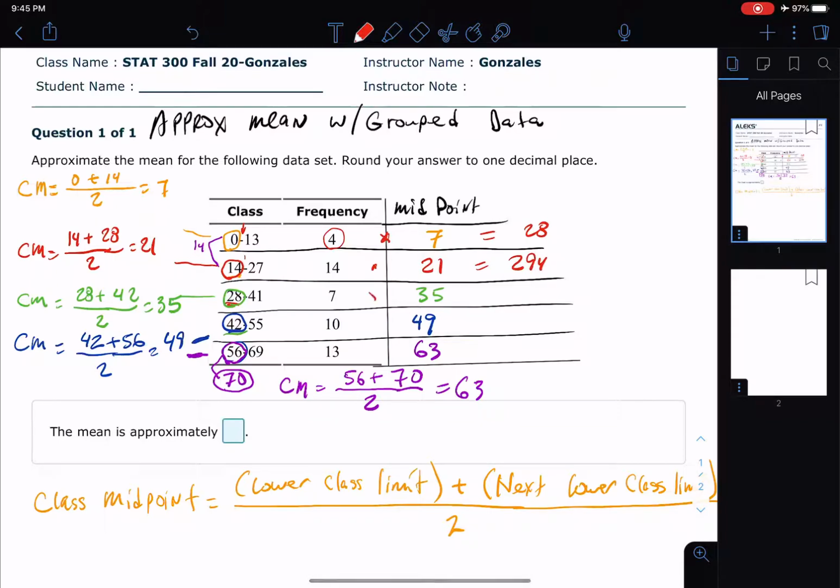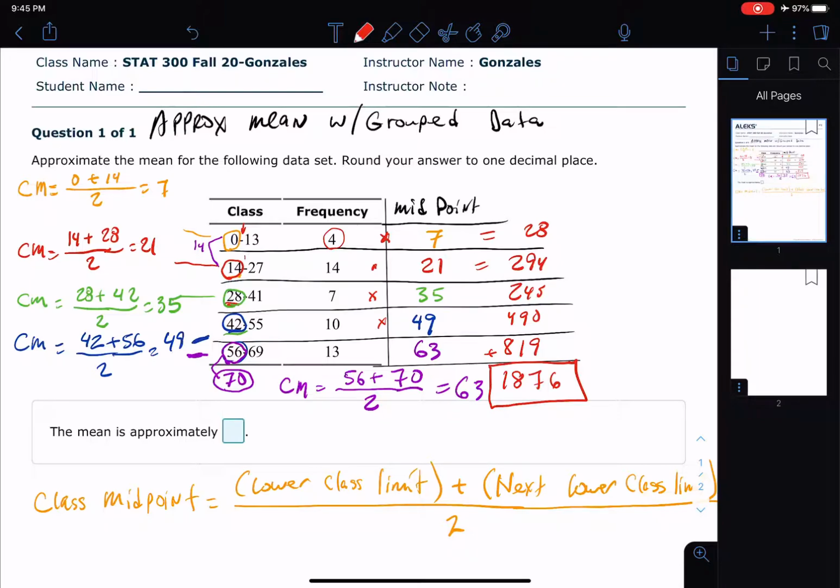And 7 times 35 gives us 245. And 10 times 49 is 490. And 13 times 63 is 819. And when I add those up, this gives us 1,876. This is equivalent to adding up all the numbers.